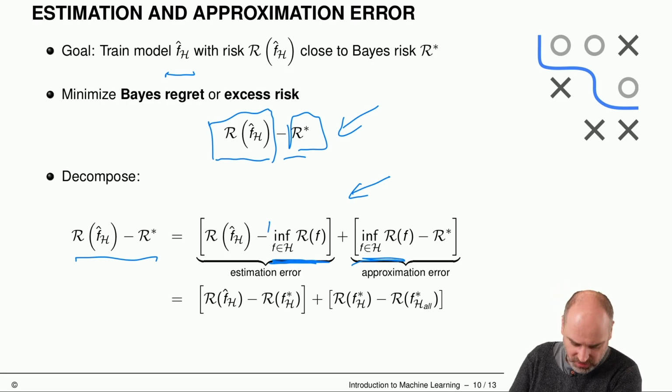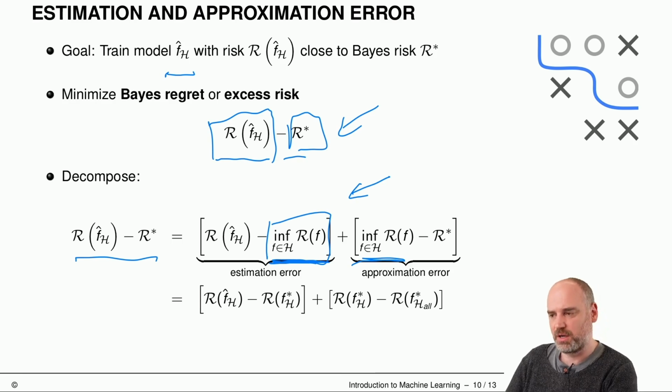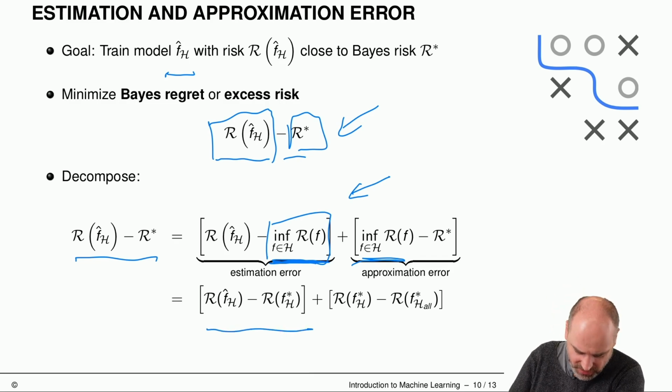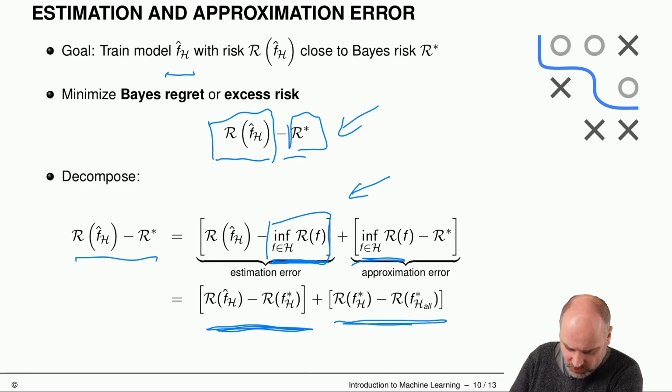And this same thing that I'm plugging into the middle is the infimum of the risk of any model picked from my hypothesis space under consideration H. So that's the associated theoretical risk for the best model I could pick from H. And the only thing I'm now going to do is look at the first term and the second term, and the first term I'll call the estimation error, and the second term I'm going to call the approximation error.